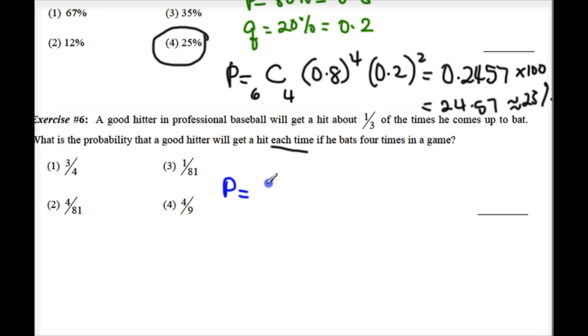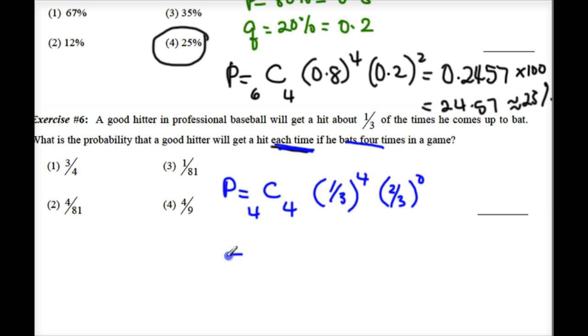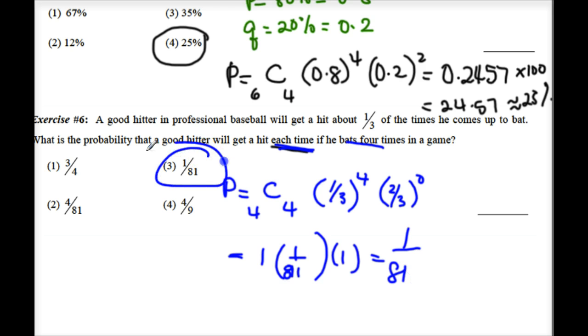So the probability is 4 choose 4, because he's getting a hit each time in 4 at-bats. It's 1/3 to the 4, and then 2 over 3 to the 0. Work this out, it becomes 1 over 81 times 1, which is 1 over 81, choice 3.